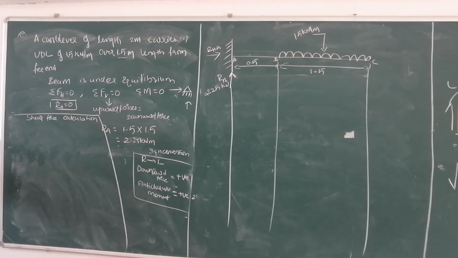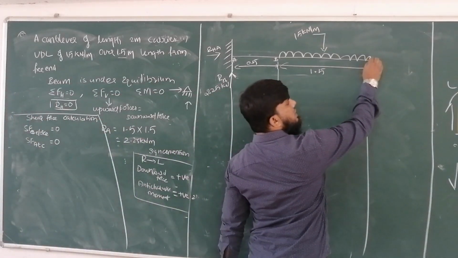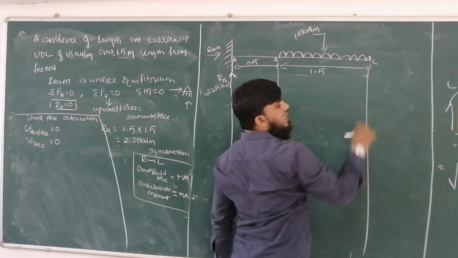You take the shear force before point C and at point C. Before point C there are no loads, so no load means the force is 0. Next, the shear force at C will also be 0, because even though this UDL is acting, we don't yet know to what length it is acting.